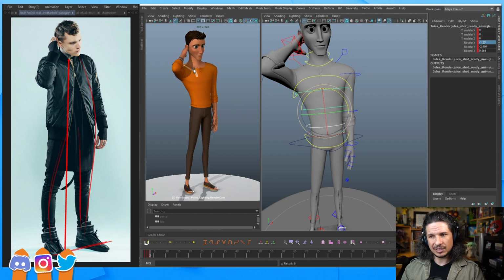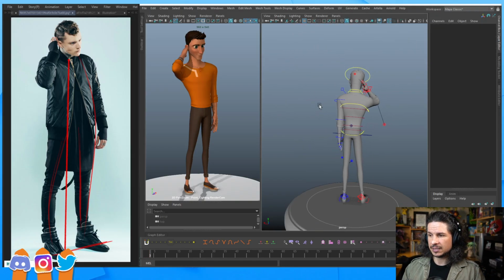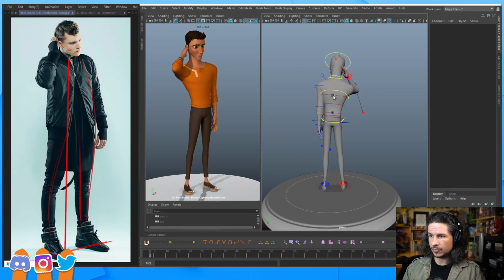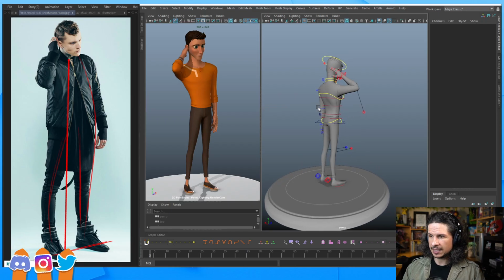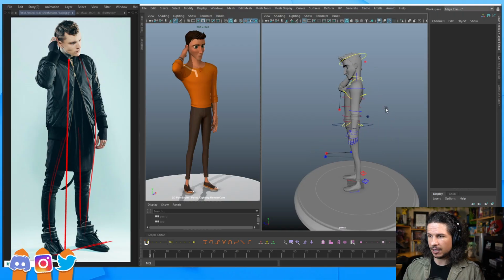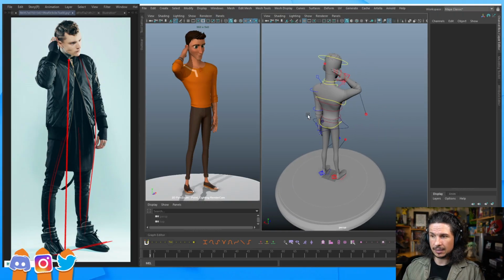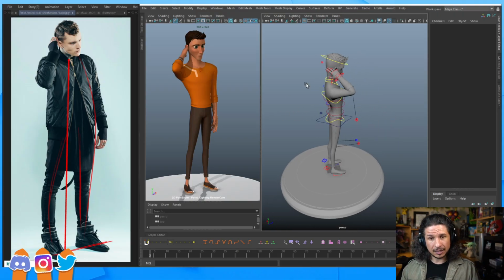Now, things still look very strange though. That's because I don't have the shoulders in place. They're not working at all yet. But we're still getting this to work. And once again, make sure you're looking at the pose from all angles. It's not 100% necessary as long as it looks good from the main camera.